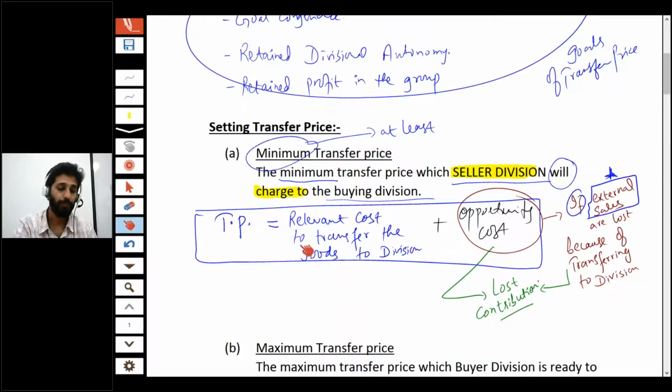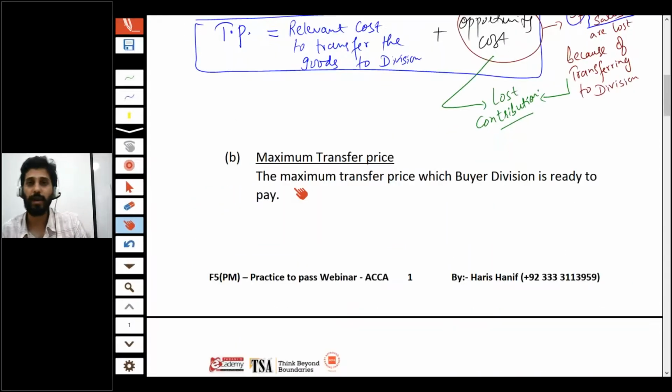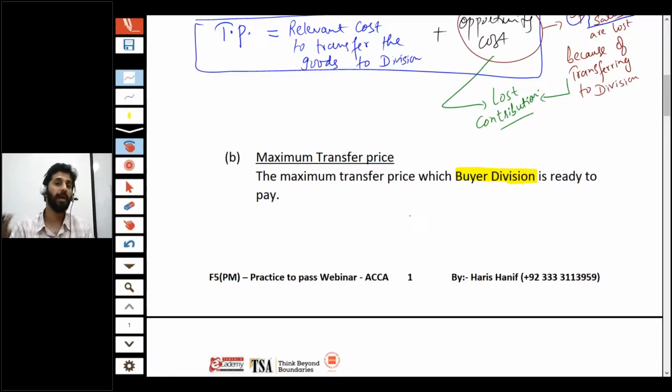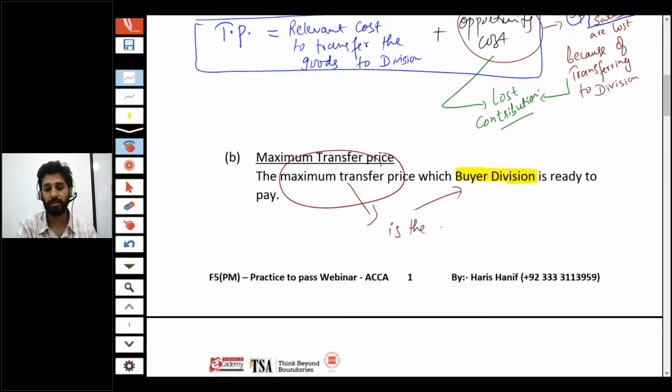Number 2. What's the maximum transfer price? The maximum transfer price is what the buyer division is ready to pay. Now, I am the buyer. I am also aware of the market rates, demand, supply. I am not a kid. I am receiving quotations from the external market. The maximum transfer price which the buyer division is ready to pay is the market rate.